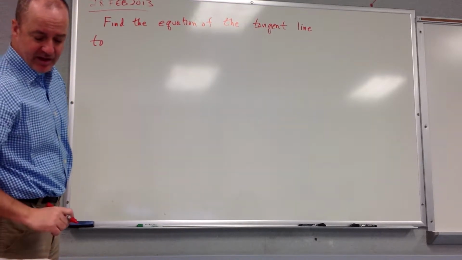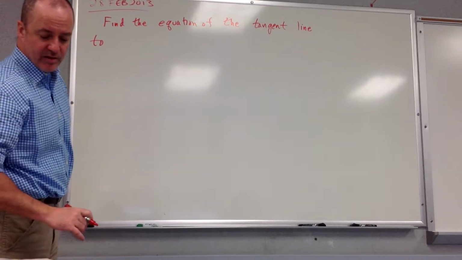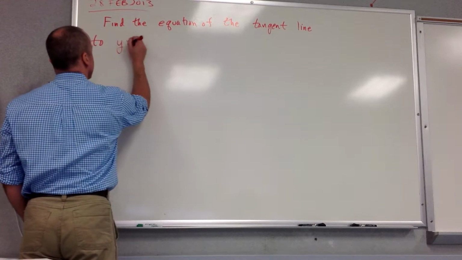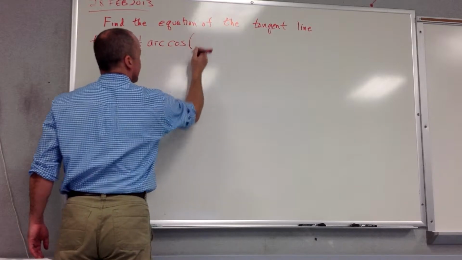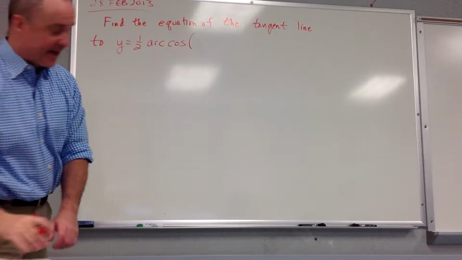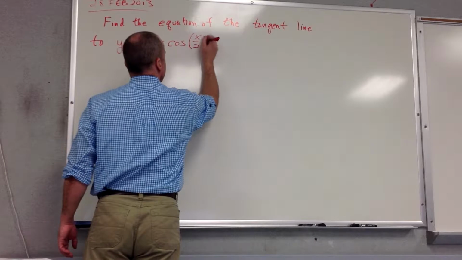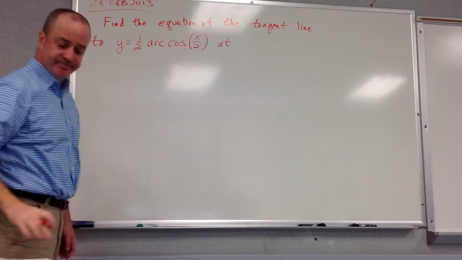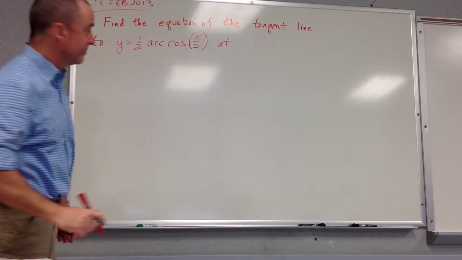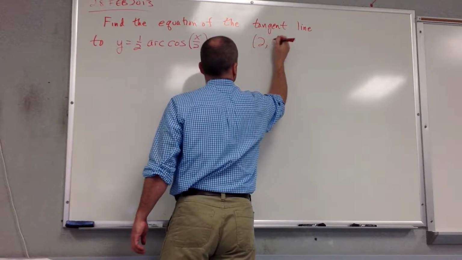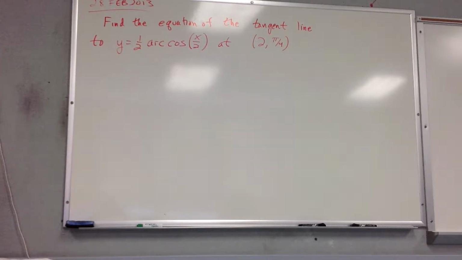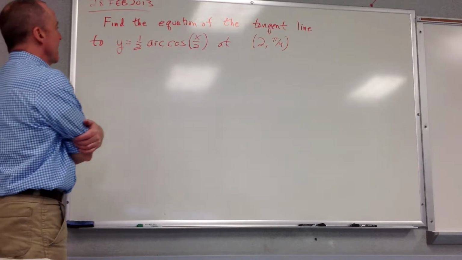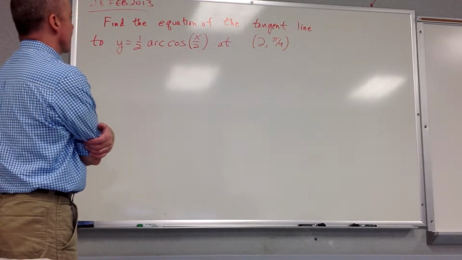Change my mind in the middle. y equals 1/2 arc cosine x over 2 at 2 comma pi over 4. Find the equation of the tangent line to y equals 1/2 arc cosine x over 2 at the point 2 comma pi over 4.